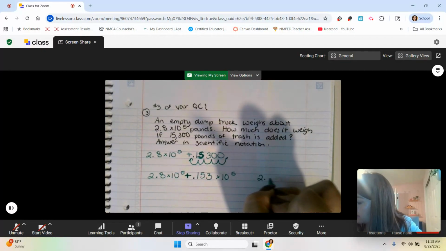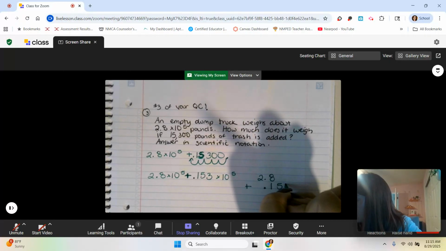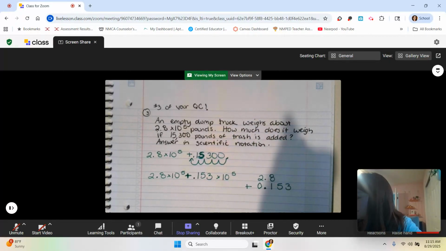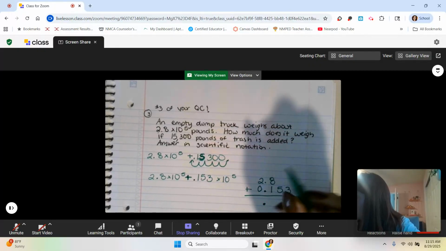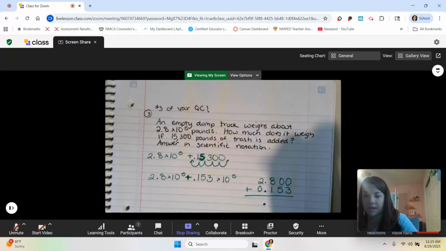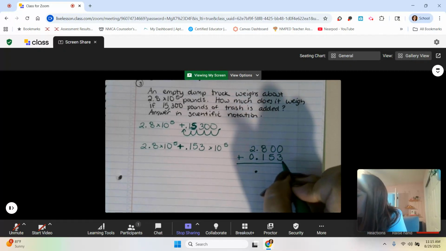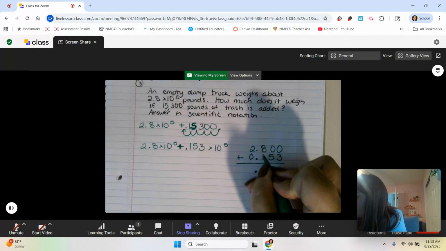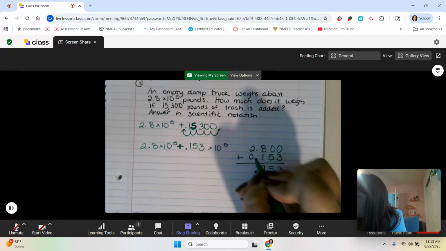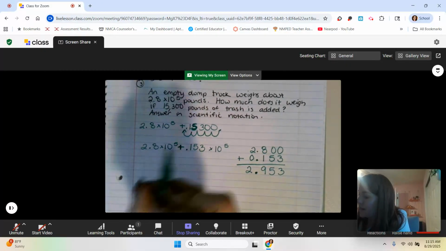So that's what I'm going to do. I've got 2.8 plus 0.153, can put a 0 in there. I'm going to bring my decimal straight down into my answer, and I'm going to put some zeros there so that I just have everything lined up. I know I'm good to go. All right, so we'll add them together. 0 plus 3 is 3, 0 plus 5 is 5, 8 plus 1 is 9, and then 2 plus 0 is 2. So we can write this now.